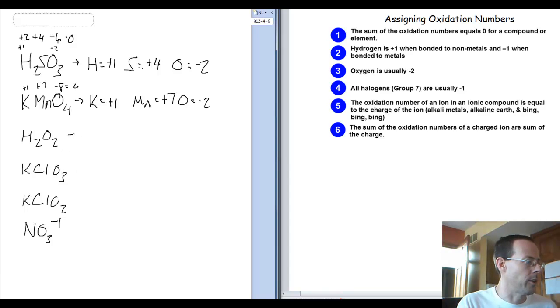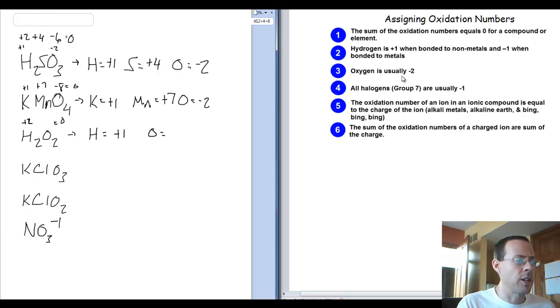Our next one is a little easier. It only has 2 elements, H and O, and this is hydrogen peroxide, the stuff you put on cuts typically. Number 2 says hydrogen is a +1 when it's bonded to nonmetals. Oxygen is a nonmetal, so hydrogen must be a +1, and there are 2 of them, so I'll change that to a +2. Altogether this has to equal 0.